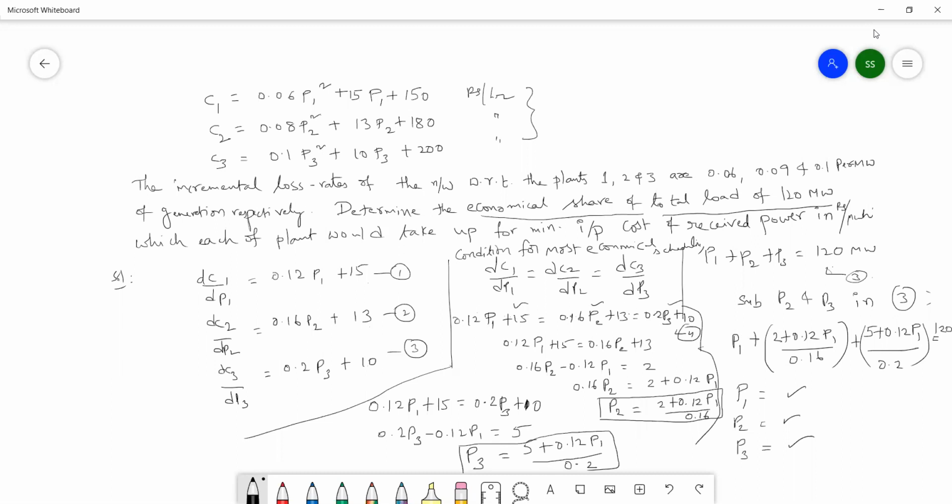Once you obtain P1, P2, P3, substitute the lowest of these three values in equation 1, 2 or 3, so that we get the minimum input cost of received power. The units are rupees per megawatt hour.